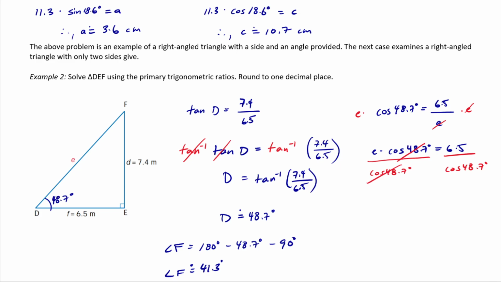This will effectively allow me to isolate for E, which is then approximately equal to 9.8 meters.